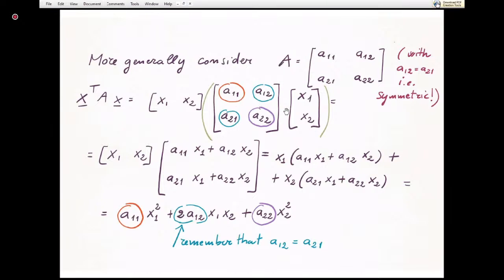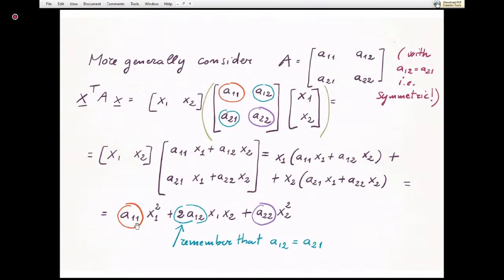First, I multiply this by this, okay? It is A11 x1 plus A12 x2, the first entry of the vector, which is the result of this product. A21 x1 plus A22 x2, this is the second entry. Then I have to multiply it again by x1, x2. So it is x1 times this plus x2 times this.